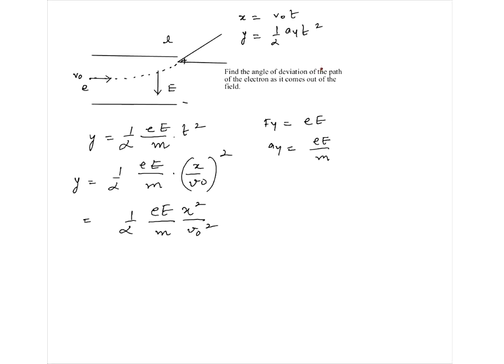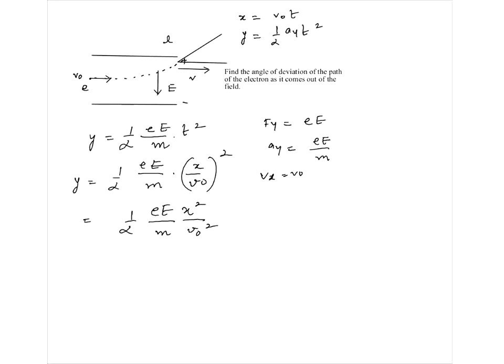What is the meaning of deviation? Originally, if something is going in this direction, and finally it is going in this direction, the angle between the two is called deviation. So we want this angle. How do we find it? Vx is always v naught. Vx here also will be v naught.